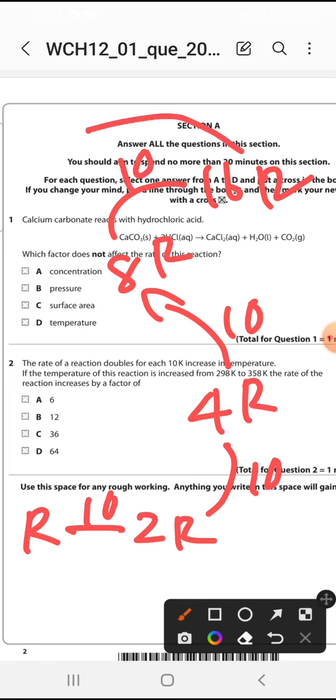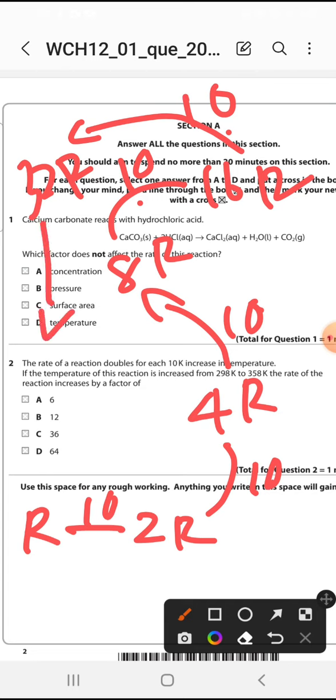That goes to 32R for another 10K. So we have here 1, 2, 3, 4, 5 and 6, 64R. So that way, for 6 times 10 kelvins, that means for the 60K, the rate will be 64R. Right. Hope you understood. So the answer will be D here.